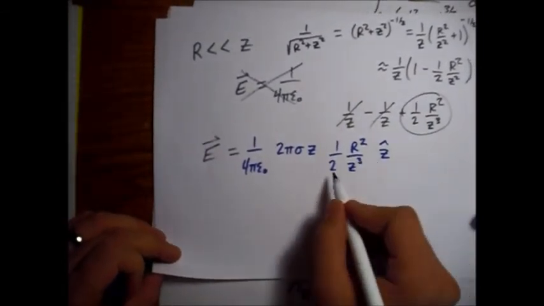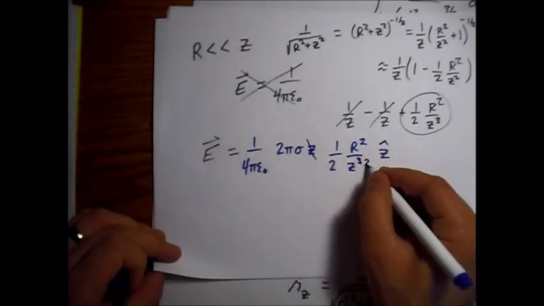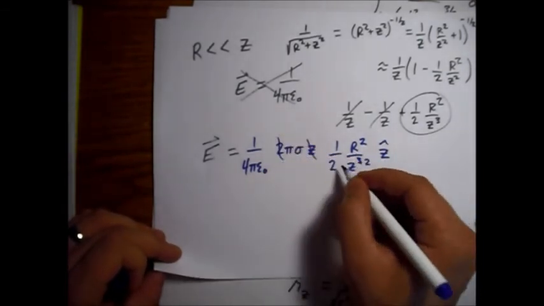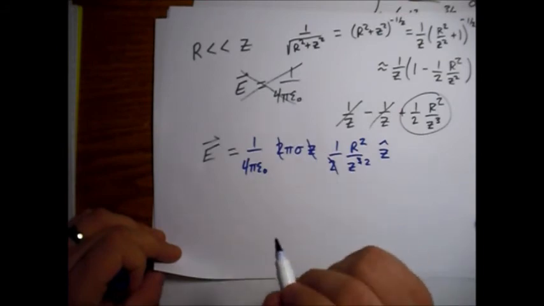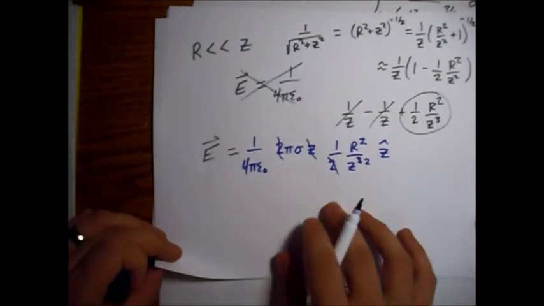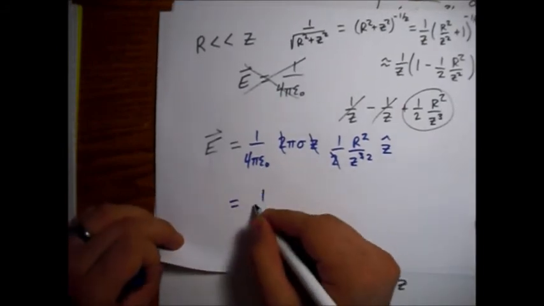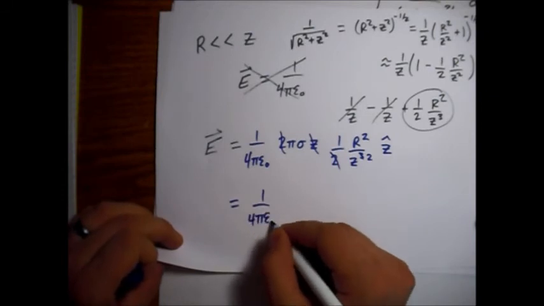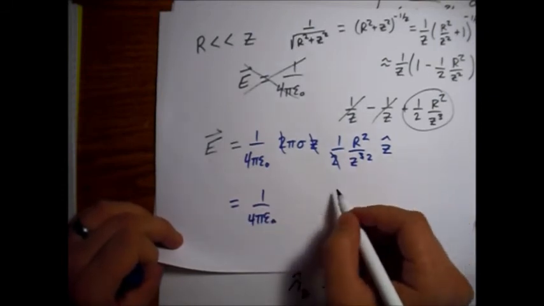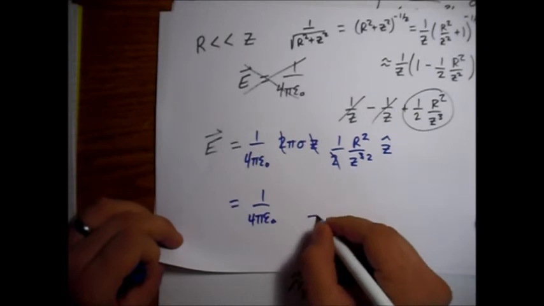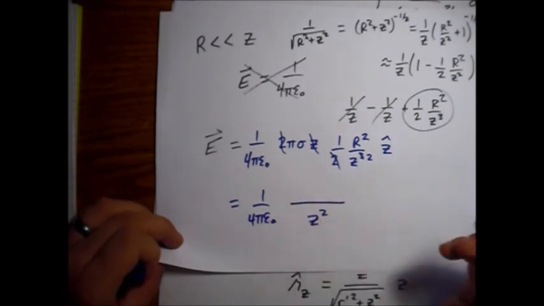So what can we cancel out? Well, this z is going to cancel with one of those. These 2's are going to cancel out. So we get a 1 over 4 pi epsilon naught. We get our z squared on the bottom. That should make us happy.